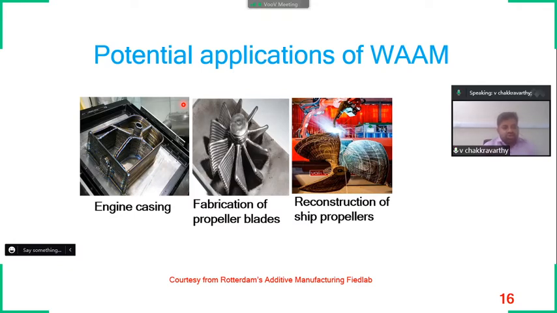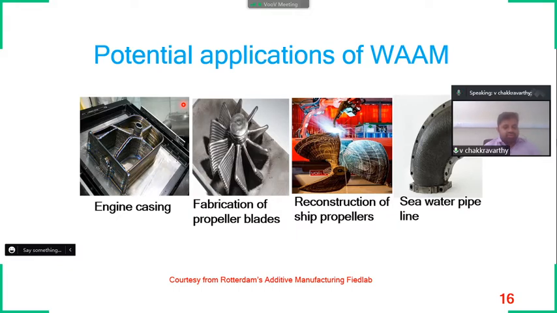Generally the defective component will be thrown away and you will buy a new one. But with WAAM technology, it can reconstruct the damaged part exactly to the desired geometry. So you need not throw away the old component. It is possible to rework the component, which is one of the most advantageous things.